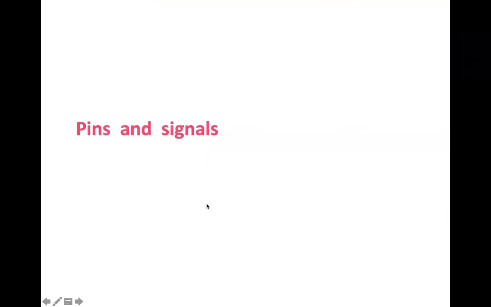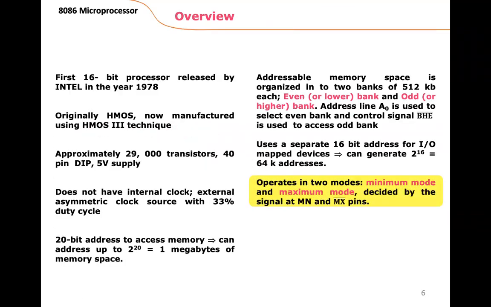So today, this is the first day, so today our class is finished. You just study the overview of the microprocessor and the 8086 microprocessor. And your one assignment.